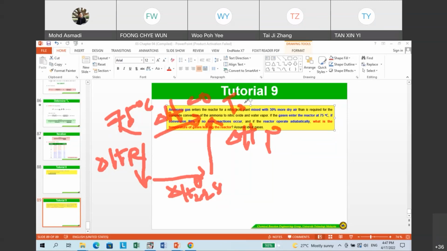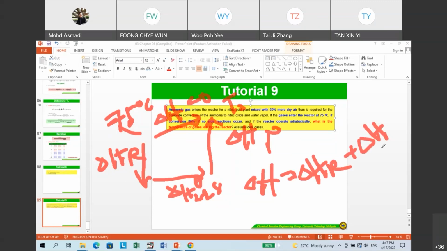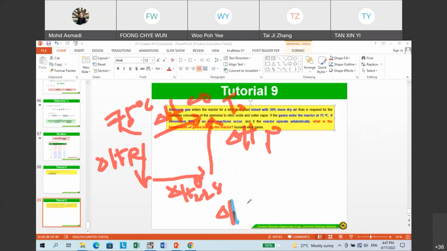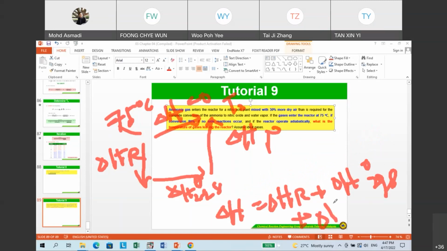And then you have to consider this one HR. So meaning that delta H equal to delta HR plus delta H298 plus delta H in.